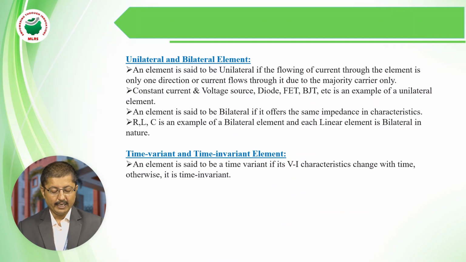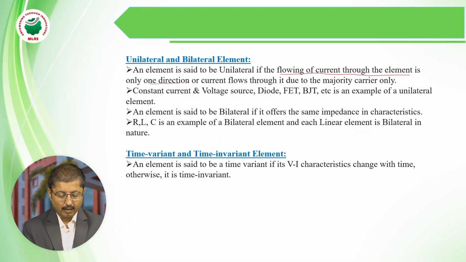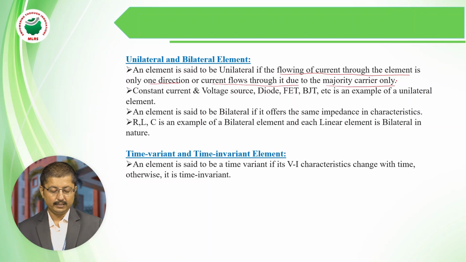Next one is unilateral and bilateral elements. What is meant by unilateral? An element is said to be unilateral if the current flows through the element in only one direction, or current flows through it due to the majority carriers only.